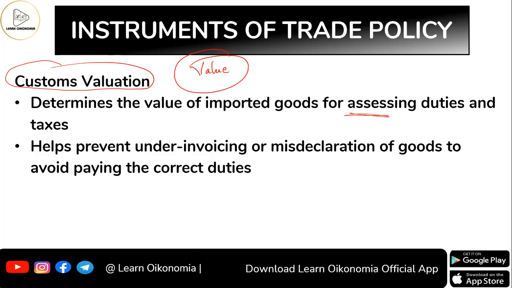So what happens in the case of customs valuation is that it would be preventing something called under invoicing or misdeclaration of commodities, so as to avoid paying the correct duties.